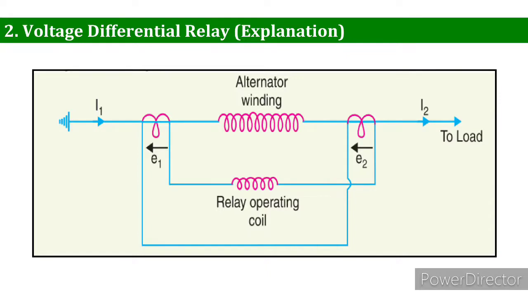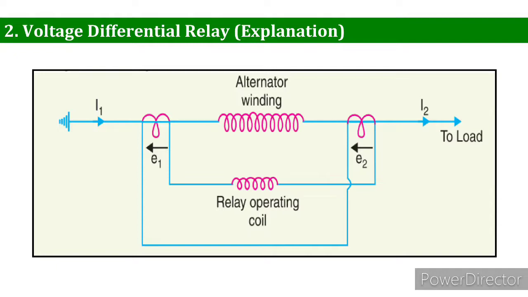In this case we have, like we can say, an alternator winding connected by means of a pilot wire, and the secondaries of the current transformers are connected in series with a relay in such a way that under normal conditions their induced EMFs are in opposition.